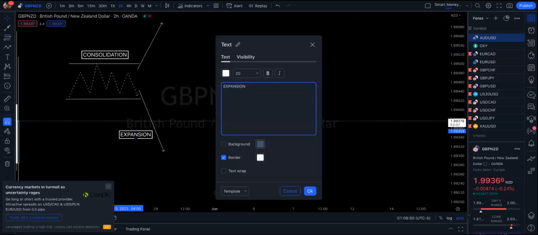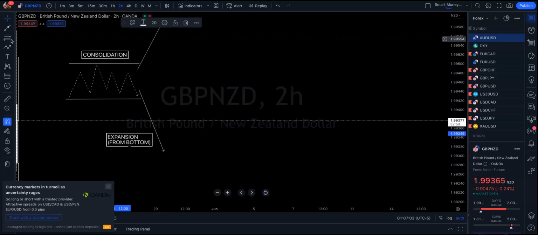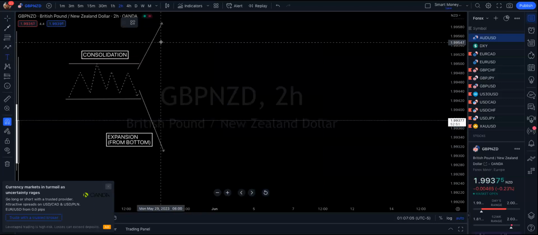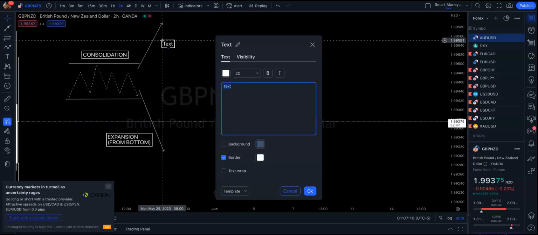You can get expansion from the bottom, and we can get expansion from the top as well, from either side.